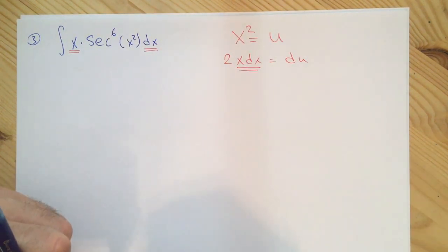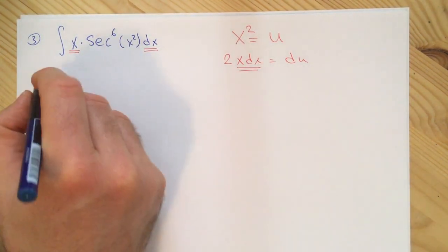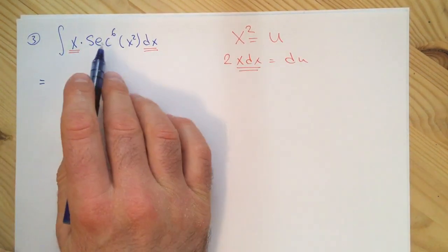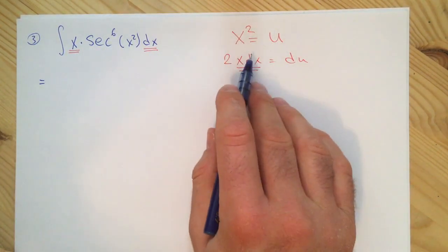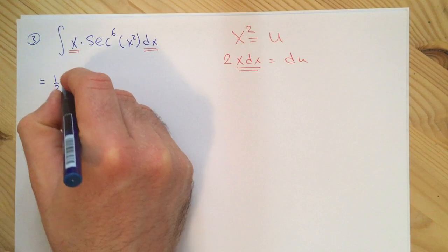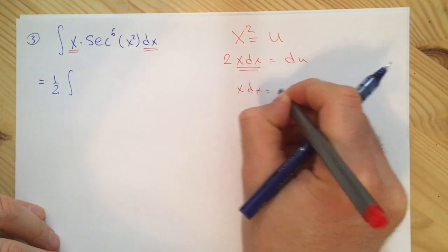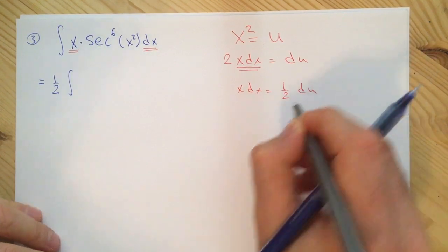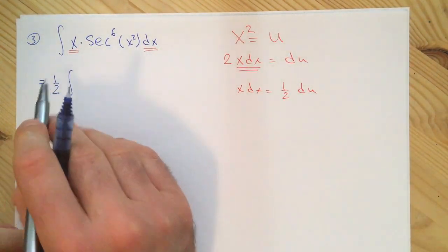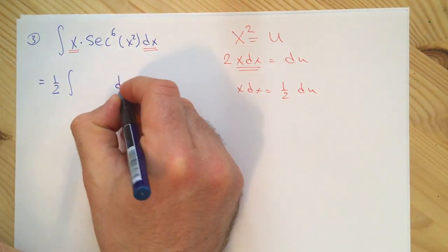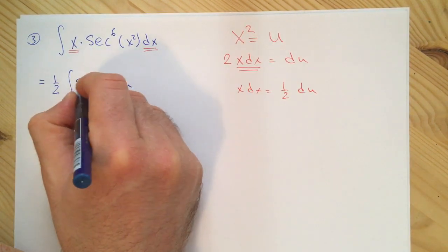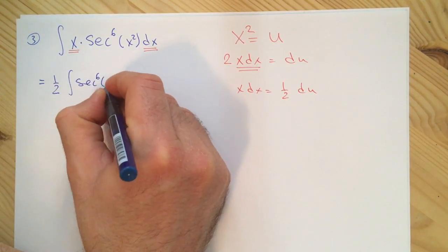What will that do? Well, it will definitely simplify our life if we apply this substitution. Only x dx is 1/2 du. So x dx is 1/2 du. And then I just have secant to the power of 6 of u.